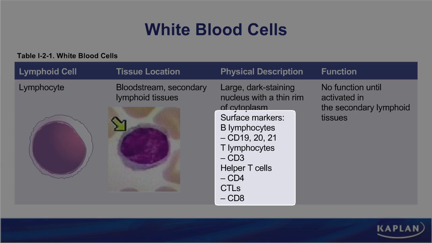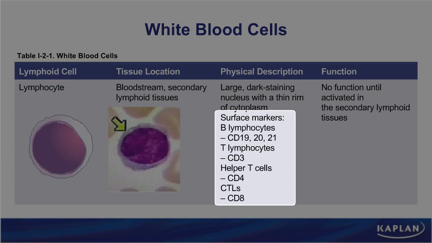There are several markers that you need to commit to memory. Our B lymphocytes express CD19, 20, and 21 on their surface, versus our T lymphocytes, which express none of those.